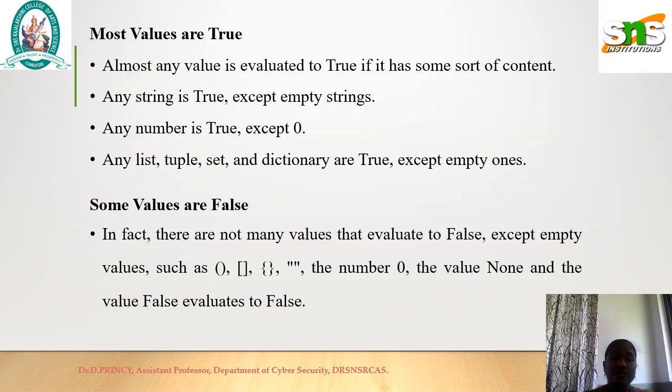Any list, tuple, set and dictionary are true except empty ones. If there is no element in it, it returns false. Some values are false. In fact, there are not many values that evaluate to false, except values such as the number 0, or a value that is empty and does not have any content. Then the result is false.